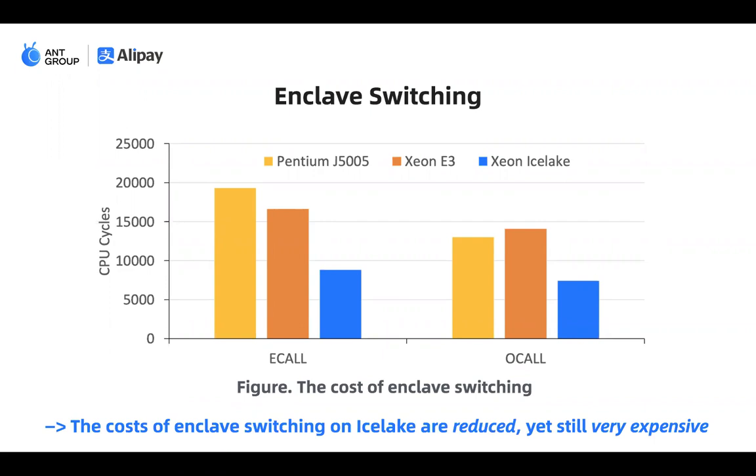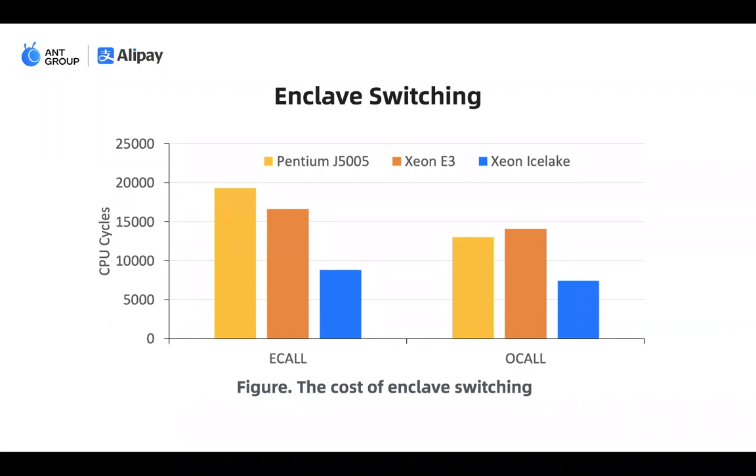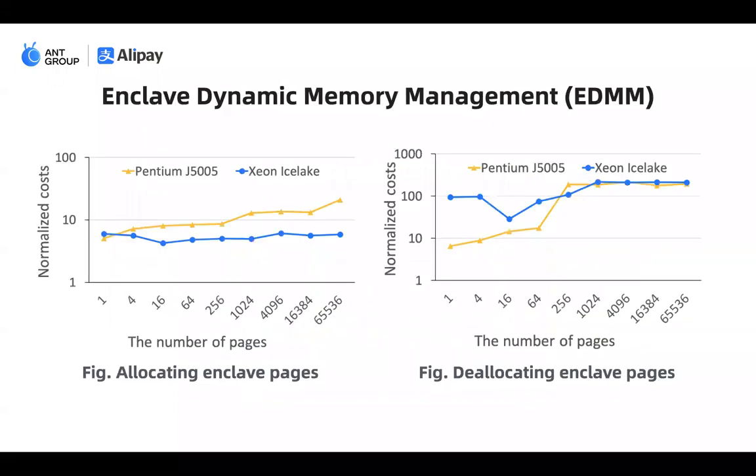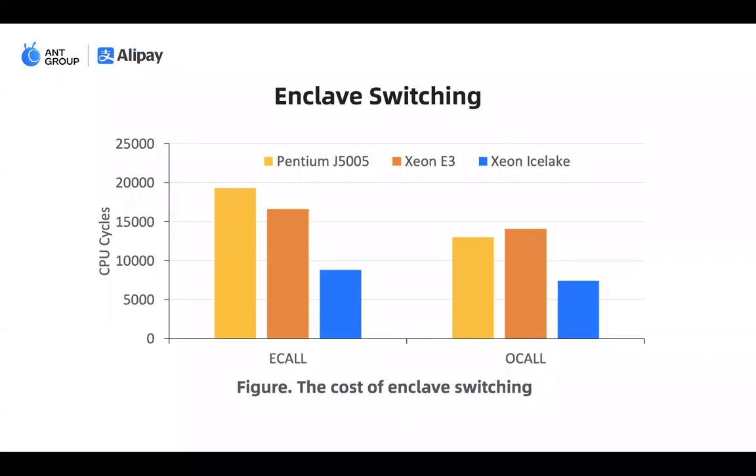As this benchmark shows, Xeon Ice Lake with the new Intel SGX indeed has some very good performance improvement, especially in memory access latency, but the EDMM cost and the enclave switching cost are still there.